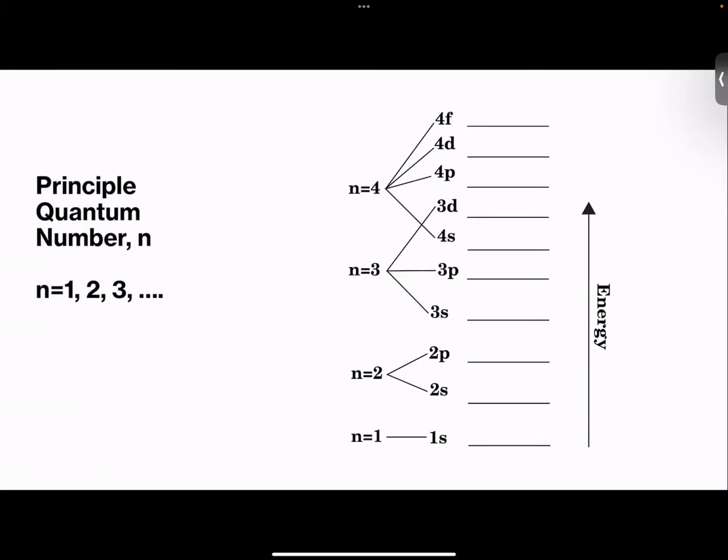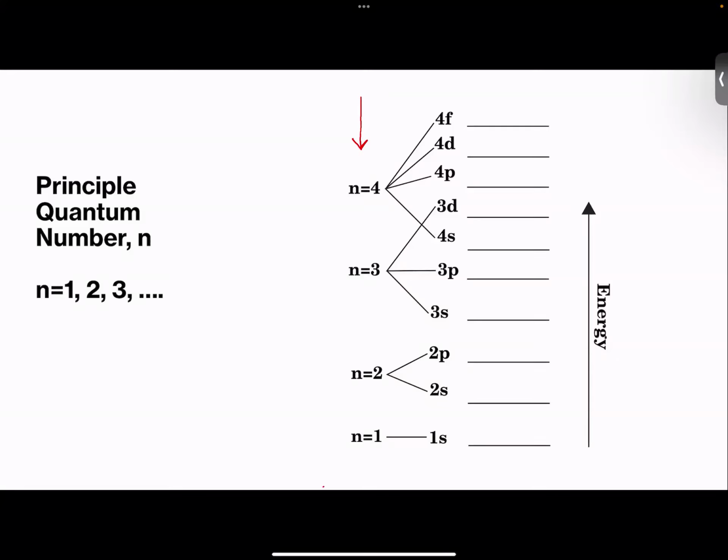Okay. So with the principal quantum number, we're focusing strictly on this column at the moment. The principal quantum number can be any whole number: 1, 2, 3, 4, 5, 6, 72. It can be any whole number.